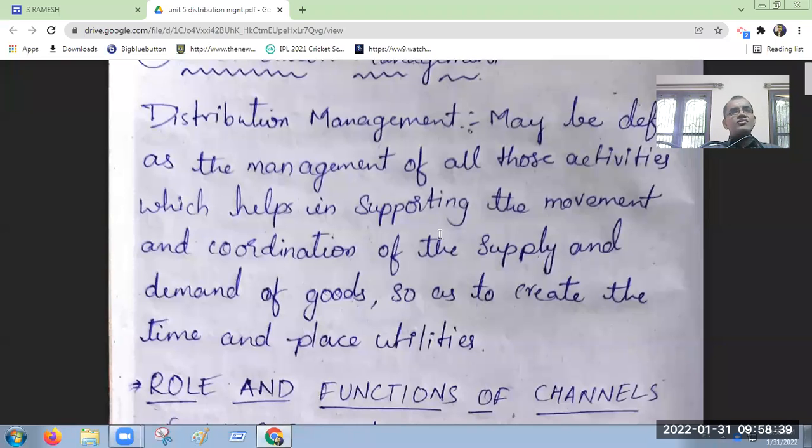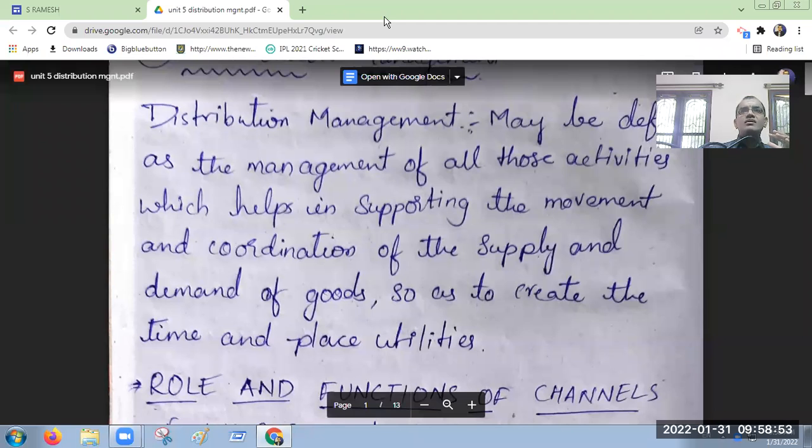We are in the 5th unit, that is about distribution management. In the previous class, I explained the concept of distribution. Distribution means movement. In our subject, it is related to movement of goods from production point to consumption point.